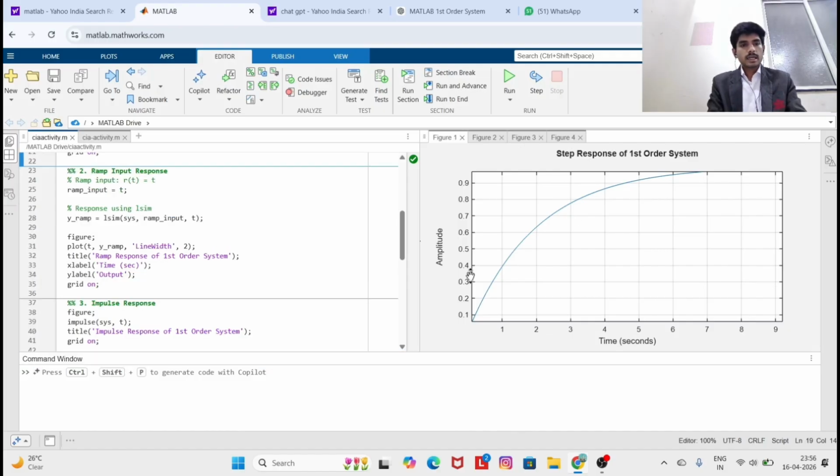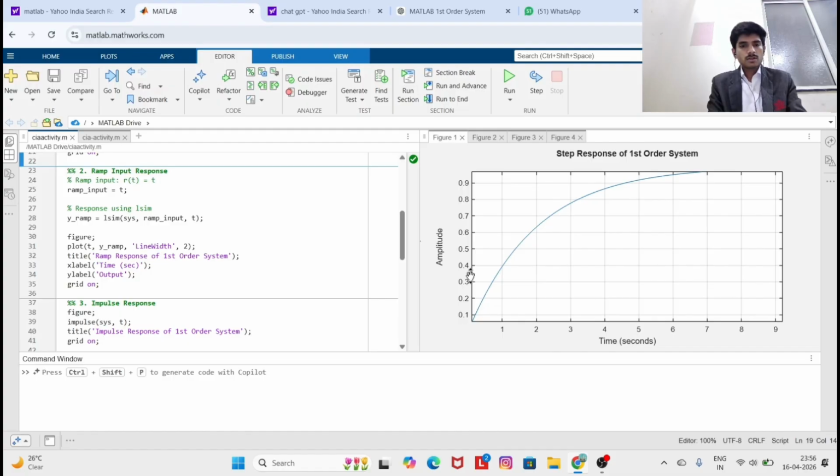Let's see the ramp input response. In this program, the ramp input means the input increases linearly with time, r(t) equal to t. The first order system cannot respond initially due to its time constant. So the output starts slowly and then increases.